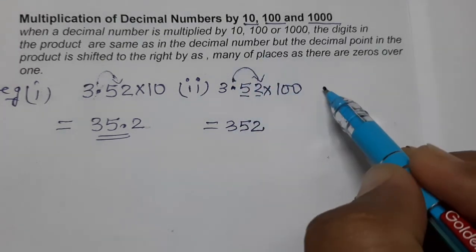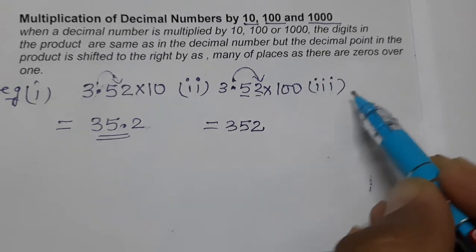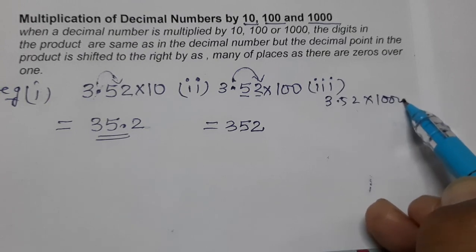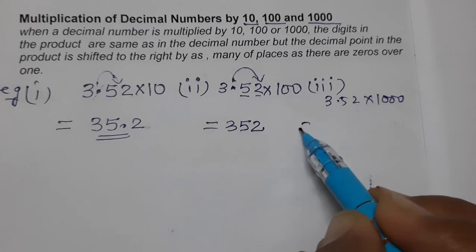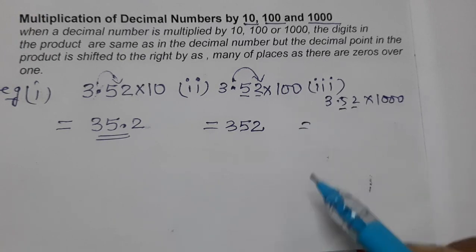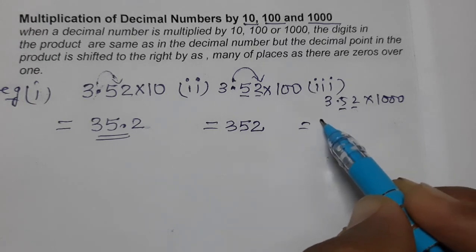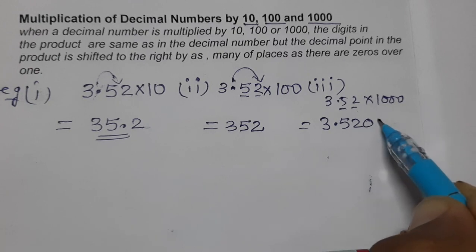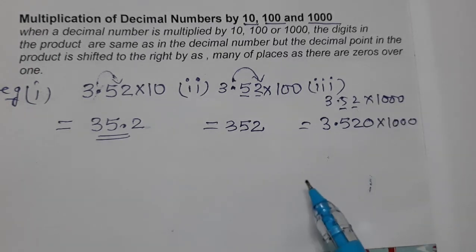And whenever we are multiplying by 1000, 3.52 into 1000, how many places does the decimal shift? 3 places. So 1, 2, but here only 2 are there. But you know, children, 3.52 can be written as 3.520, and so many zeros we can write. After the decimal we can put as many zeros as we want.